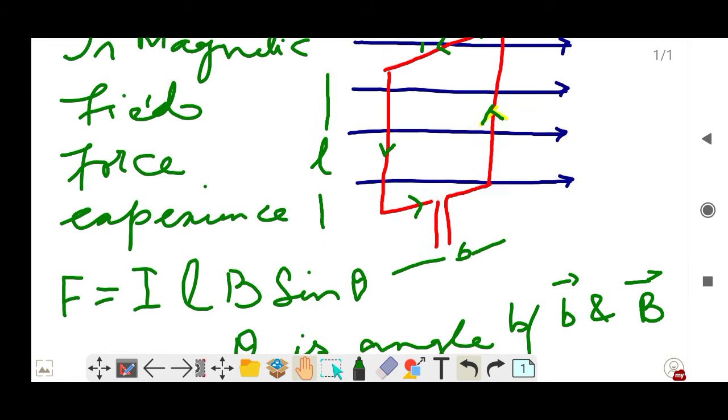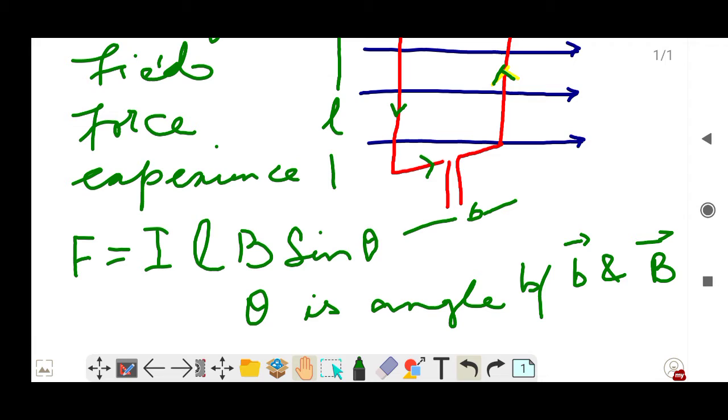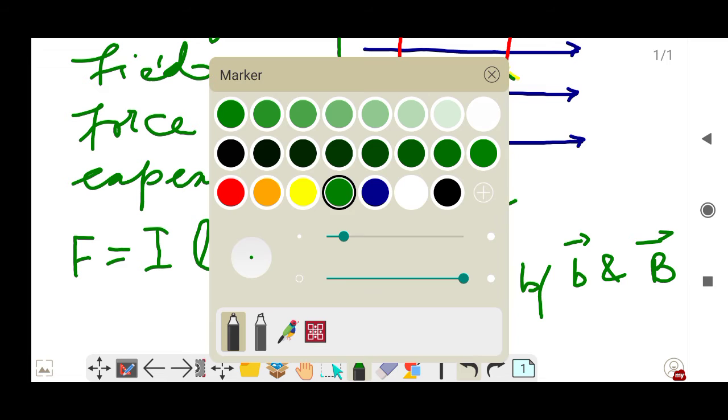So therefore what I'm doing is finding out force. If I consider this breadth, it is making an angle.